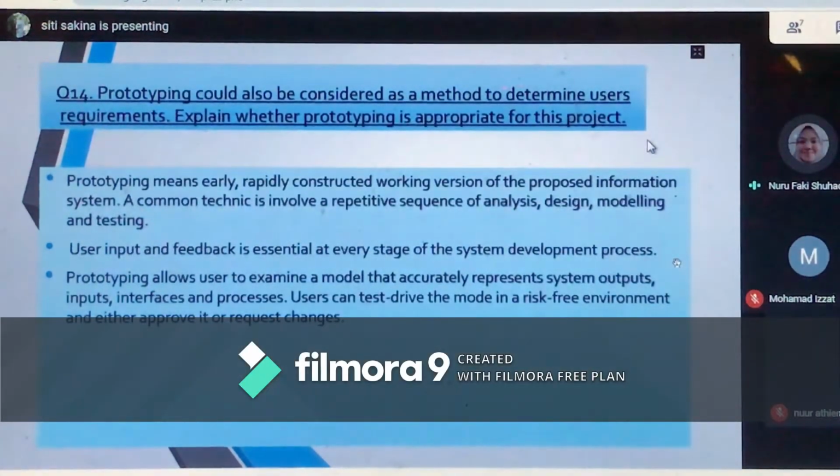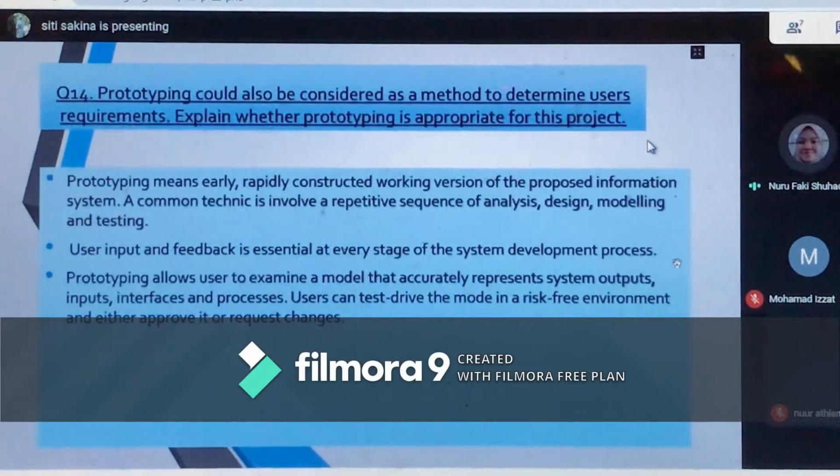Okay, now I will explain question 14, whether prototyping is appropriate for this project. Firstly, prototyping means an early, rapidly constructed, working version of the proposed information system. A common technique involves a repetitive sequence of analysis, design, modeling, and testing.